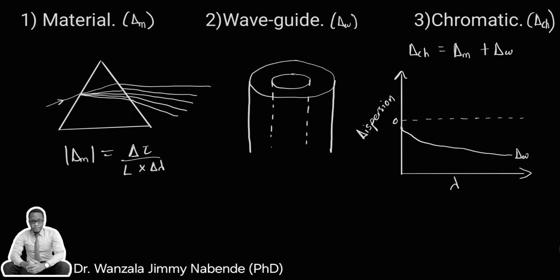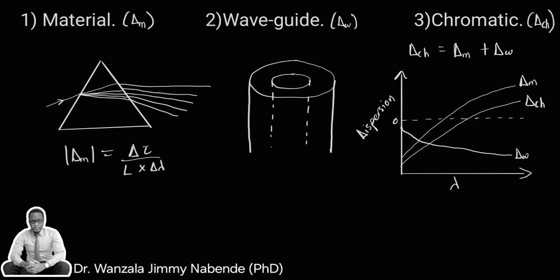Then through the material, there is an increase in dm. So at this point, we have to note that there is no dispersion taking place. Then chromatic gives us this, which is DCH.